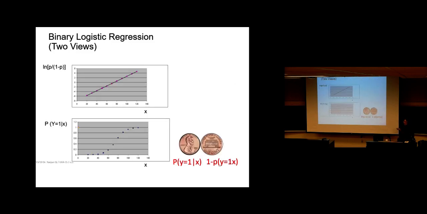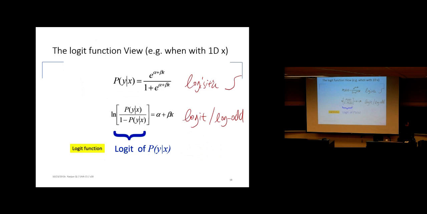All right, so geometrically, this is the logit function. From the previous page, this is p over 1 minus p, where the p here is just y equal to 1 conditional on x.